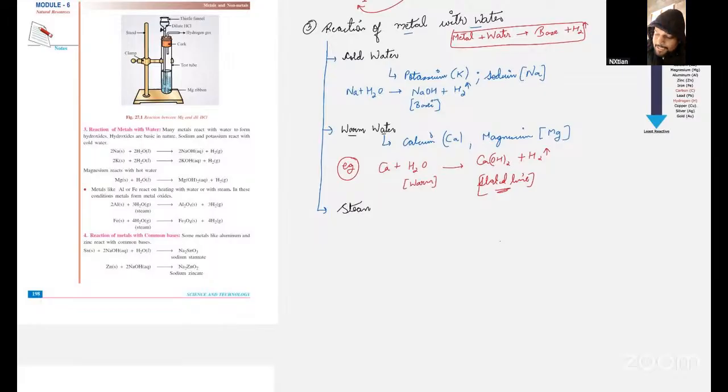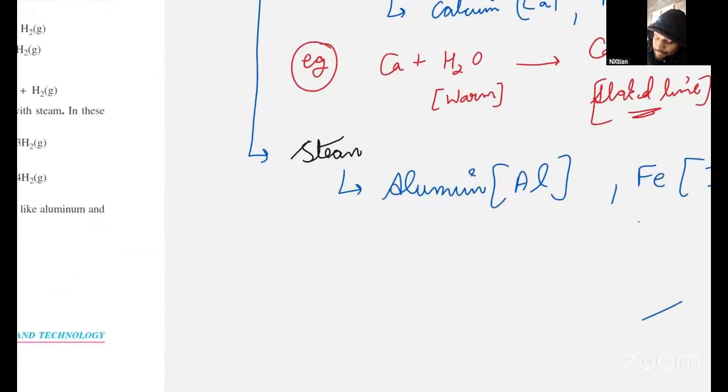Now in steam, basically we have aluminium, which is Al, and Fe, which is iron. They will react in steam.